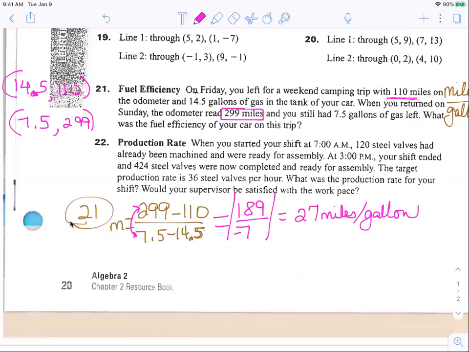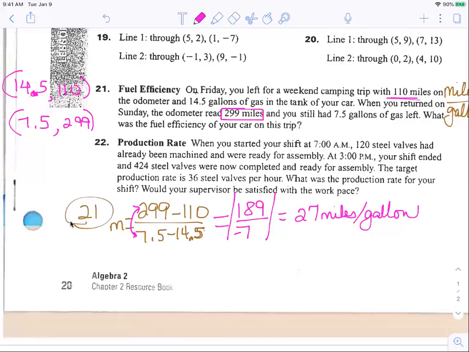At 3 o'clock, your shift is done, and there are now 424 steel valves that were completed and ready for assembly. So sometime overnight, somebody already put 120 of them together. You come in at 7 o'clock, 120 of them are already complete. You leave at 3 o'clock, and now 424 of them are complete. It says the target production rate is 36 steel valves per hour. What is your production rate? And then would your supervisor be satisfied with your work pace?